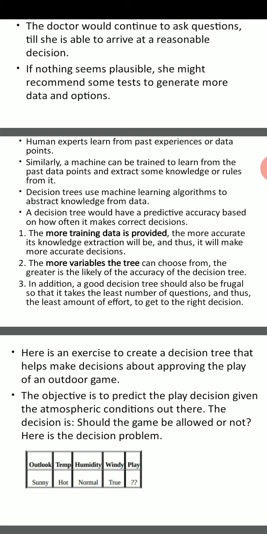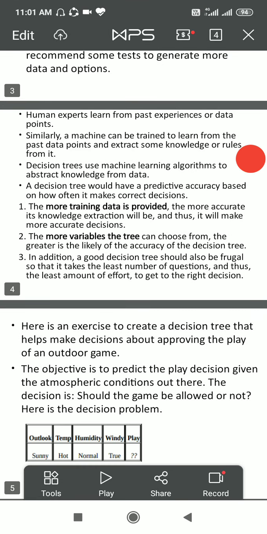That is, the more training data you give, the more accuracy we get. The more variables the tree can choose from, the greater is the likely accuracy of a decision tree. In addition, a good decision tree should also be frugal, so that it takes the least number of questions and thus the least amount of effort to get the right decision.